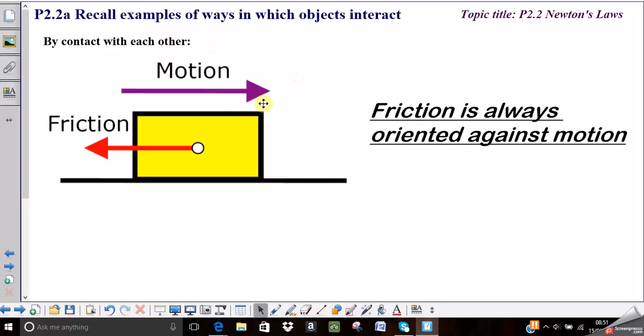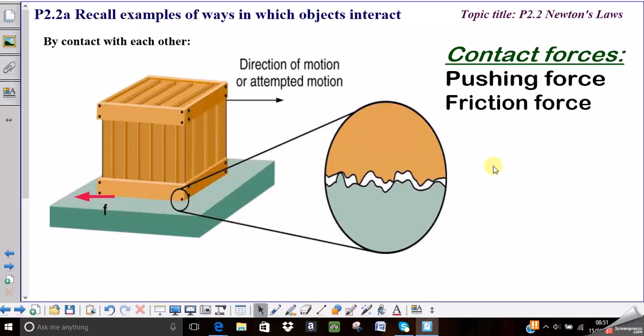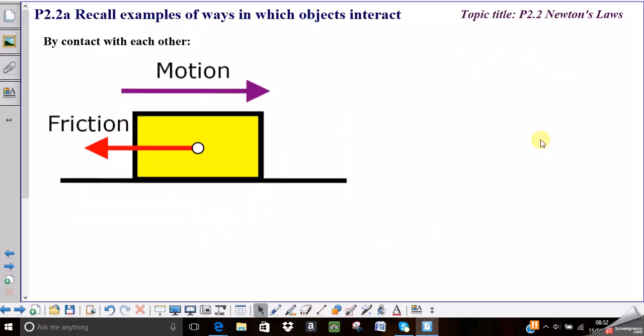So if we had tried, let's say, to move this box to the left, the friction would have been oriented to the right. So friction is always oriented against motion. Let's go back a little bit. Contact forces: a pushing force and a friction force. These need contact to happen.